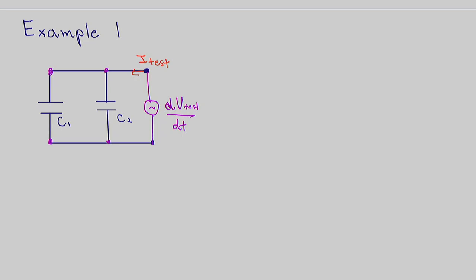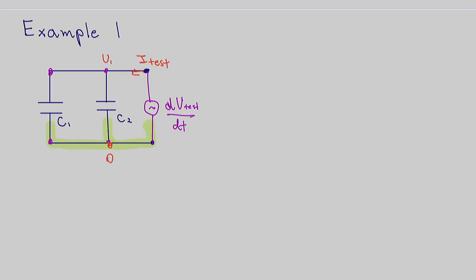Next, we should label our nodes. I have a node down here, which is the node that I'm going to pick to be 0, the reference node. Then how many more nodes do we have? We have the top node, which I'm going to call U1. Very good.